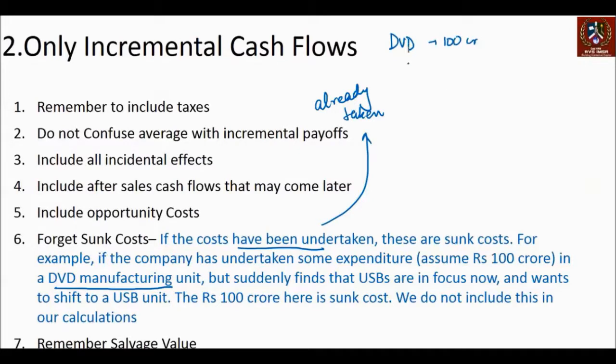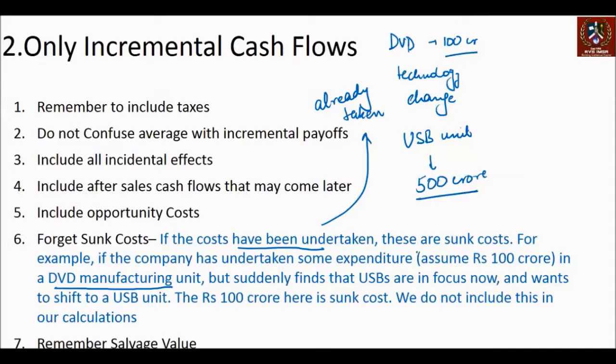Now they realize that technology changed, right? And the focus is more on USBs, the pen drives that we have. So now they want to evaluate whether they put up a USB unit, right? The cost outlay for that is, let's say, 500 crore. Now, do they include this 500 plus this 100, because this 100 is also gone, or do they only include the 500? Remember, this part is gone now.